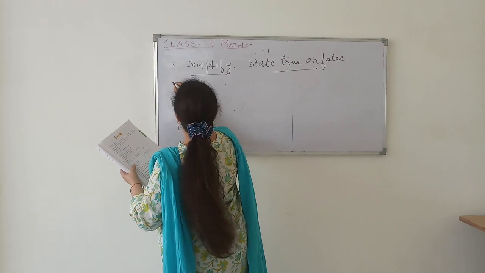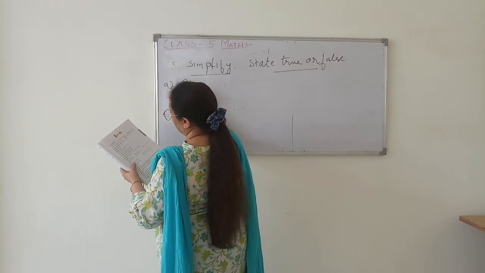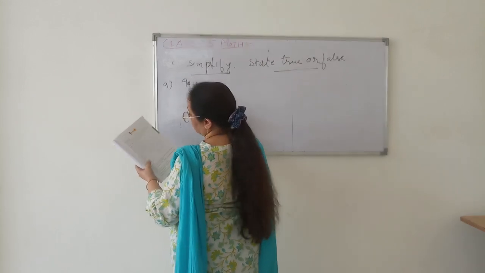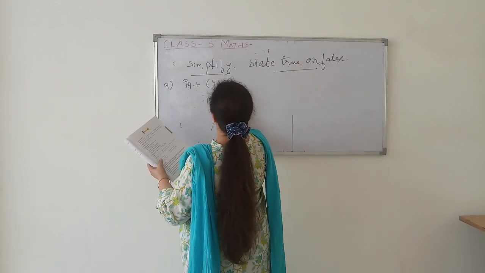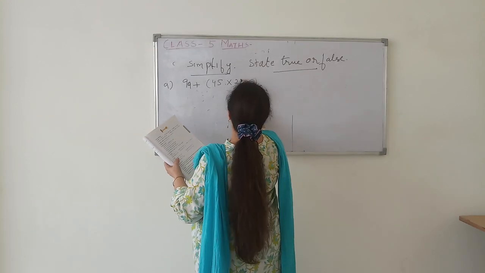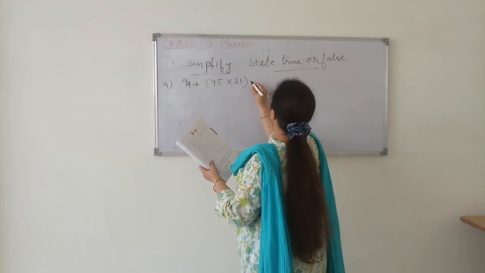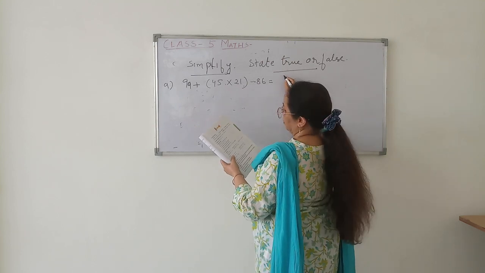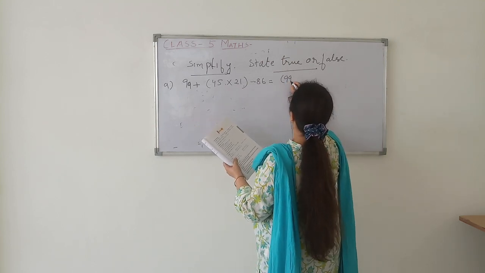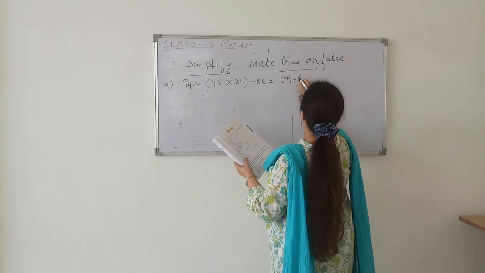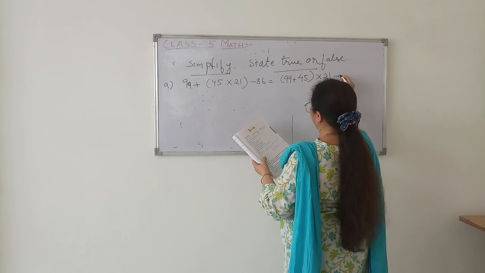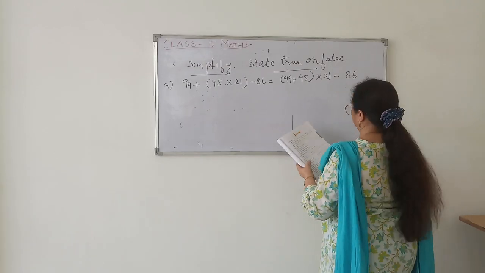Now this is A1: 99 plus 45 into 21 minus 86 is equal to, in the bracket, 99 plus 45, into 21 minus 86.